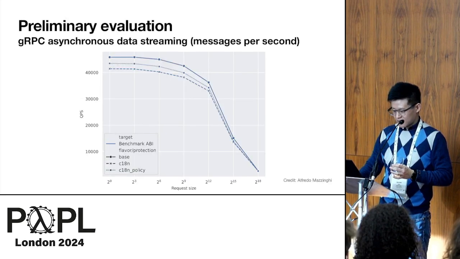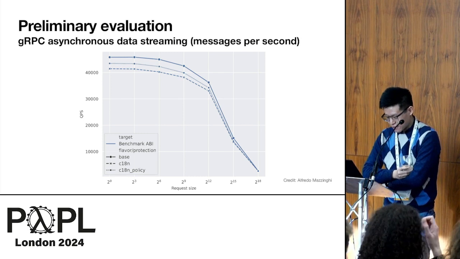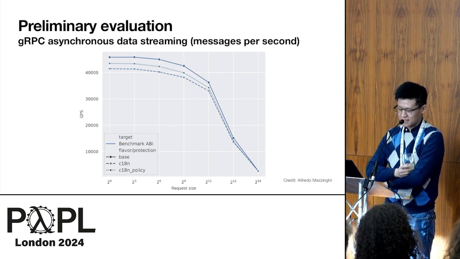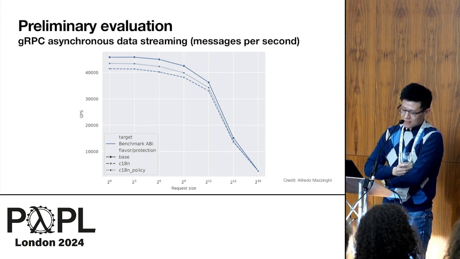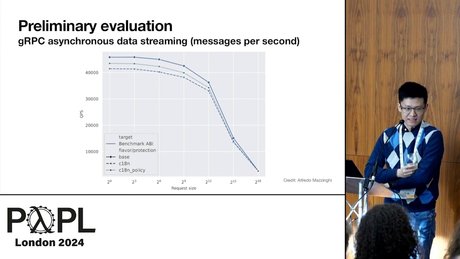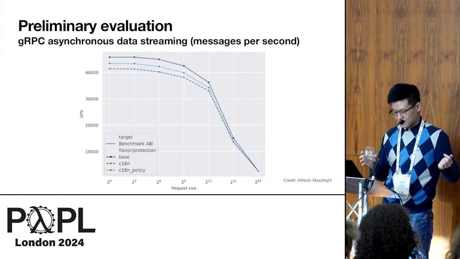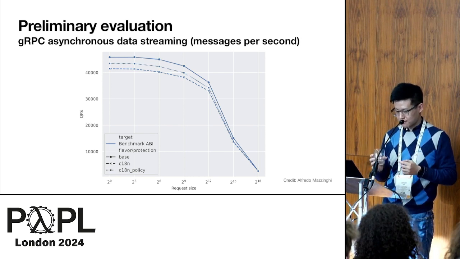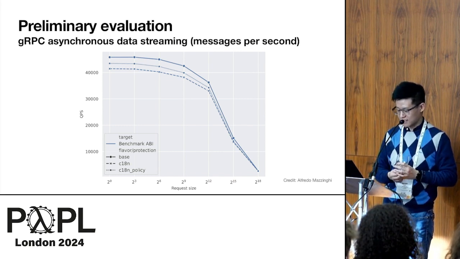Okay, now let's look at some preliminary evaluation. So this graph represents a benchmark that involves running the gRPC benchmark with asynchronous data streaming. So you have a server, you have a client, and the server is just pushing data to the client, streaming data asynchronously. So it's just sending lots and lots of data in one direction.